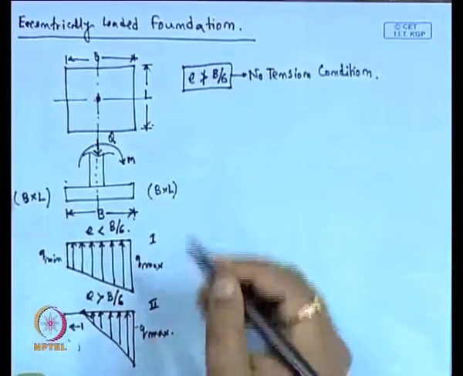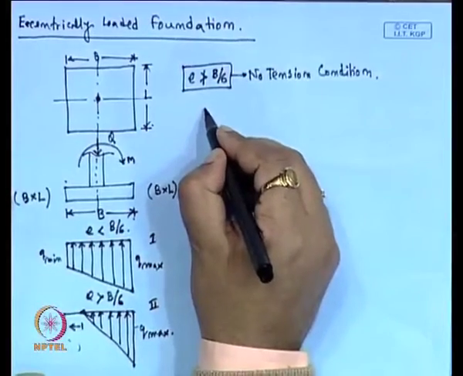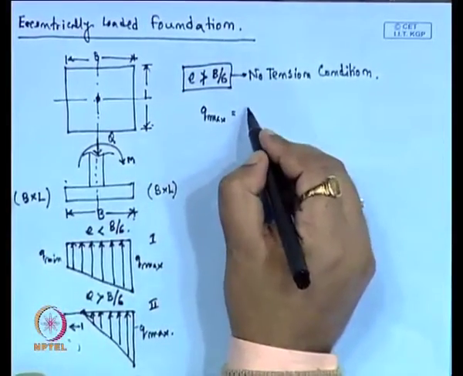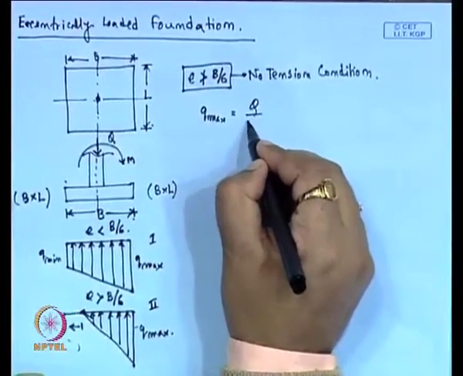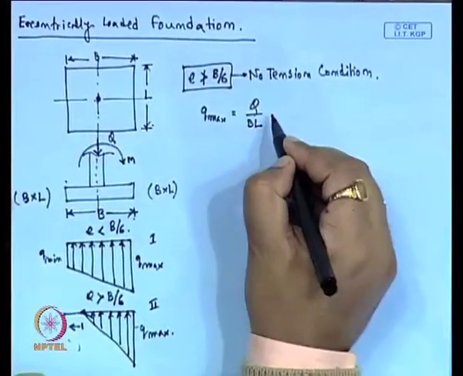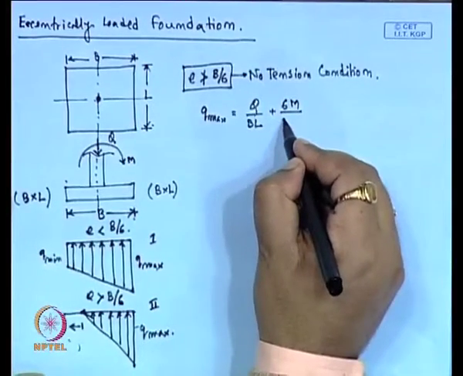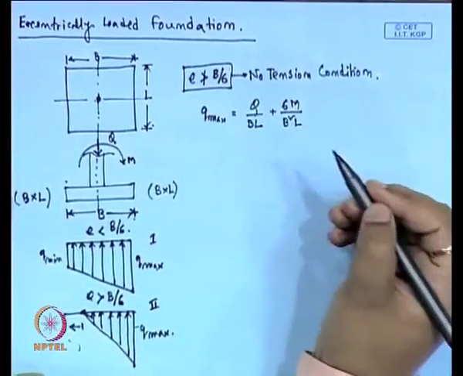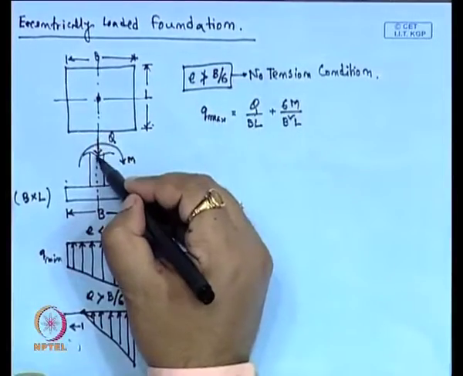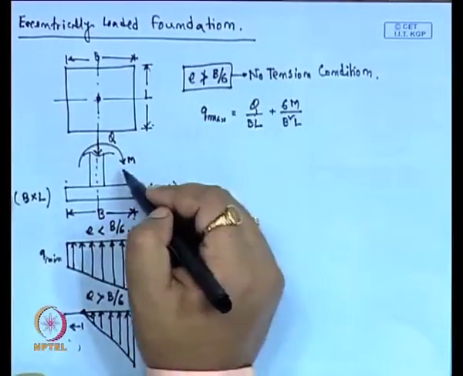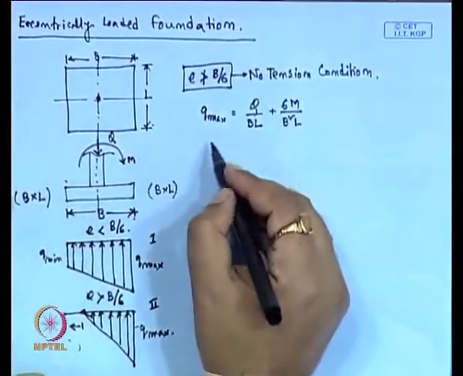Now we can calculate q max and q min. q max is obtained from this expression: Q divided by B L plus 6 M divided by B square L, where Q is the load acting on the foundation and M is the moment we are applying.